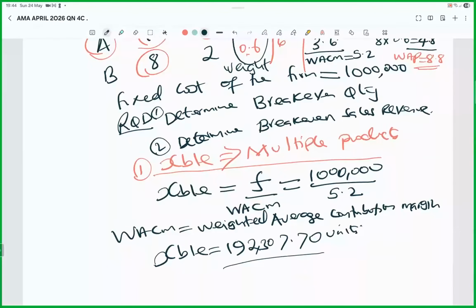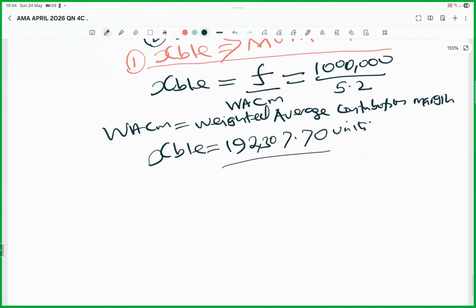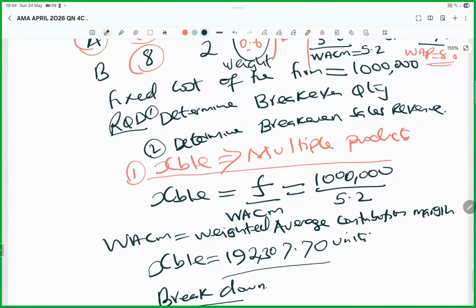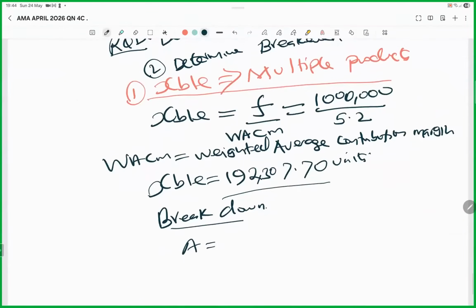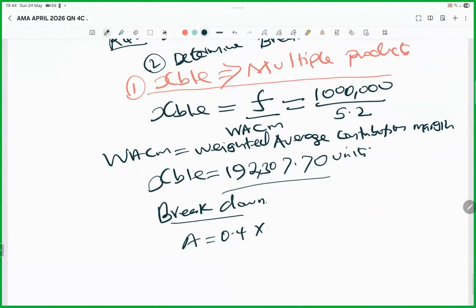So in this case, in the breakdown, for A, we know the sales mix of A. It is 0.4. So A is 0.4 times 192,307.7. Are you able to give me this answer for A? A is 40%.